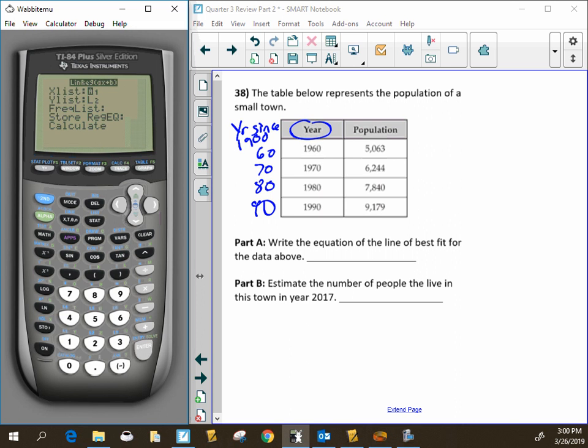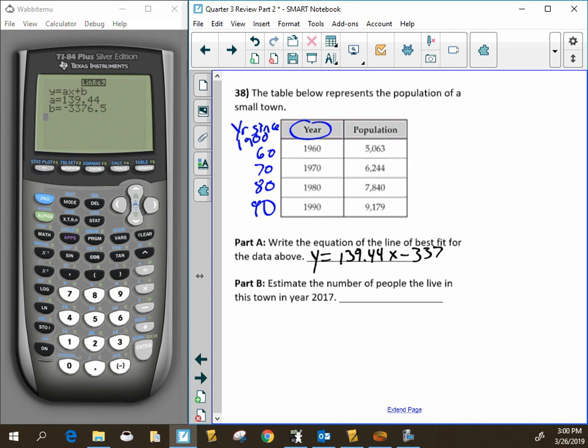So once again, Stat, Calc, Line of regression, calculate, and we get y equals 139.44x minus 3376.5.